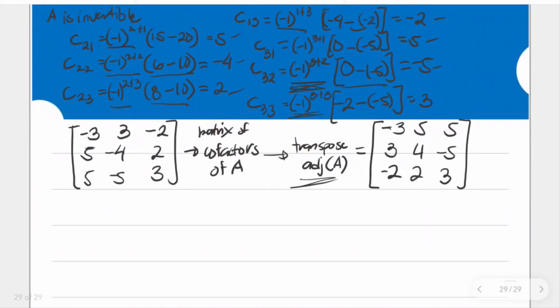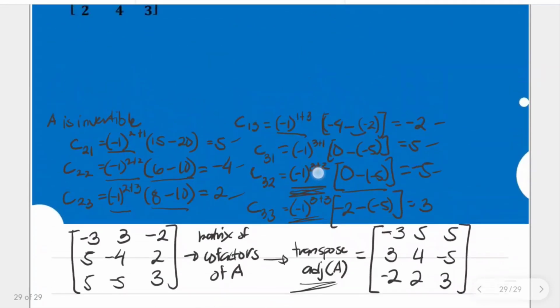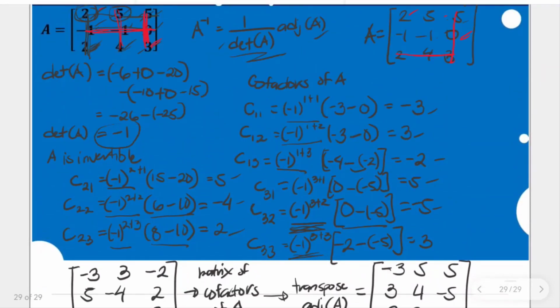So the inverse of A using its adjoint is the result when we have 1 over the determinant of A times the adjoint of A. So you have 1 over the determinant you found earlier, that's right, negative 1.